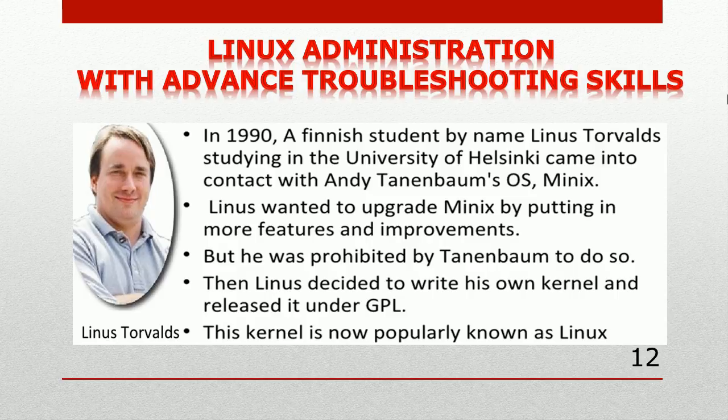Linus wanted to upgrade Minix by putting in more features and improvements, but Tannenbaum was not ready for that. Then Linus decided to write his own kernel and release it under the GPL. This kernel, written by Linus, became properly known as Linux.